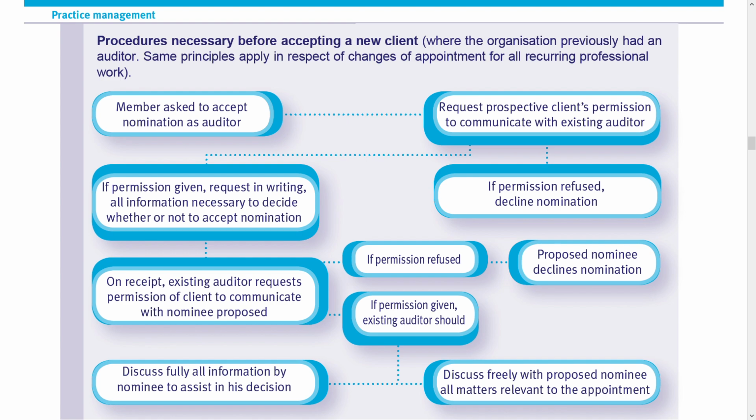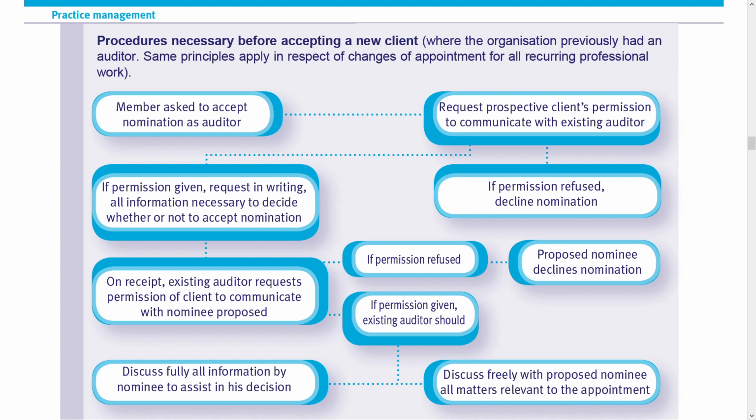Okay. Request in writing. You have to request in writing all the information that are necessary for you to decide whether or not to accept the nomination. Then on receipt, the existing auditor requests the permission of the client to communicate with the nominee proposed.